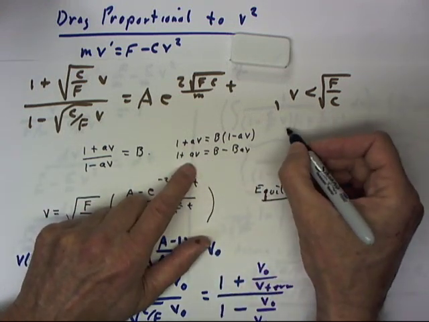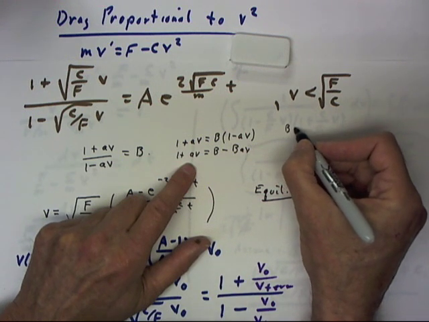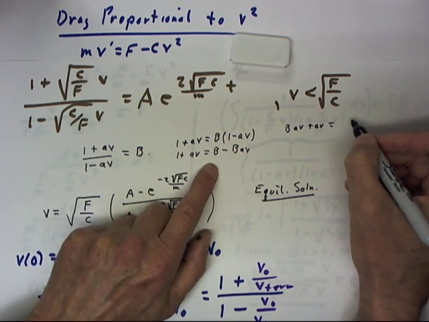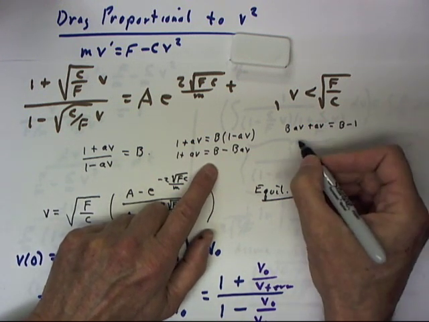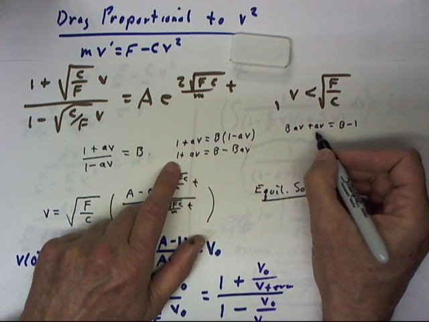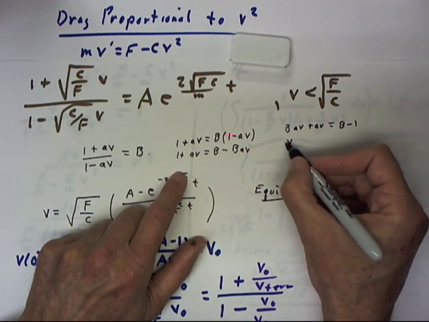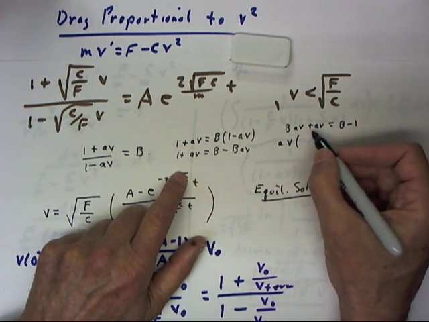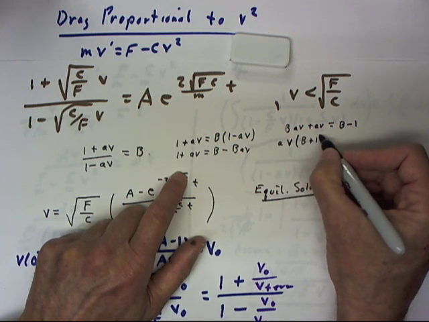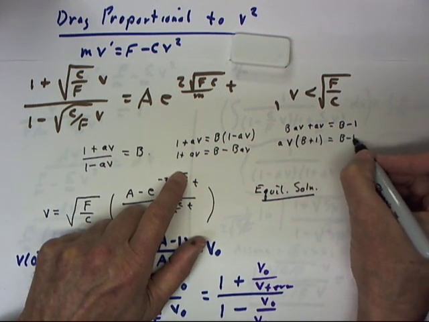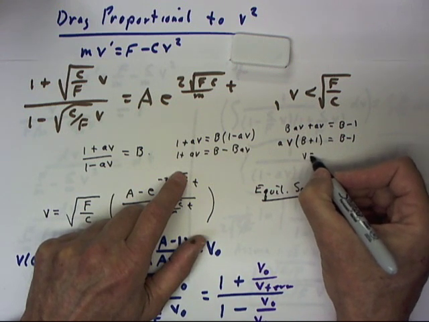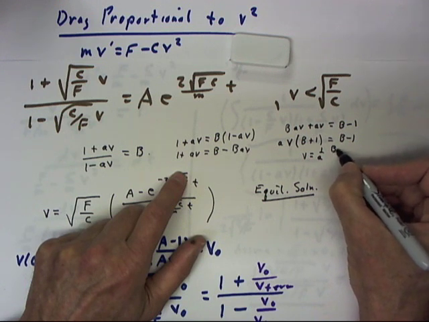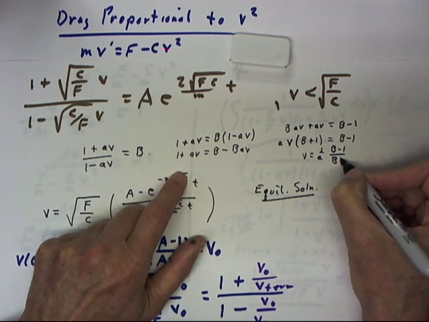Bringing the v terms over to one side, we end up with BAv + Av = B - 1. Factoring out v, and the A as well, that's multiplied by B + 1 equals B - 1, so that v = (1/A)(B - 1)/(B + 1).